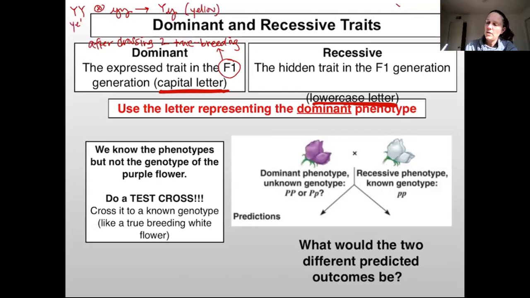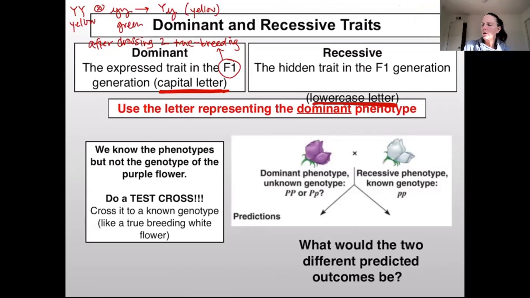So that means that yellow is the dominant trait and green was the recessive trait. In general, students are always confused on what letter should I use? And in general, the letter represents the dominant phenotype. So big Y stands for yellow, and that's the dominant trait.